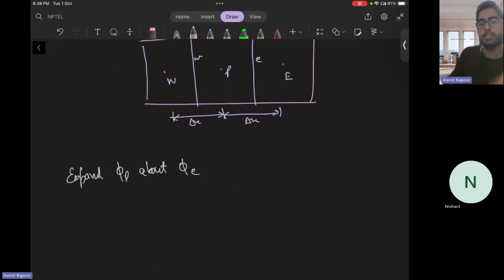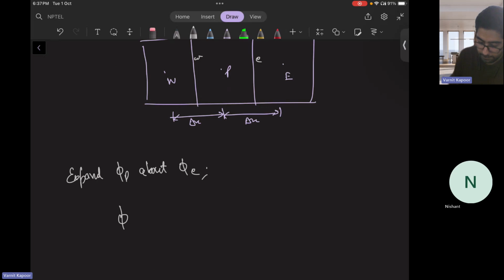We have a uniform mesh with a spacing of delta x for each and every cell. We use our Taylor series expansion here again to expand phi about phi e. I'm saying phi p about phi e. So how will you write it?